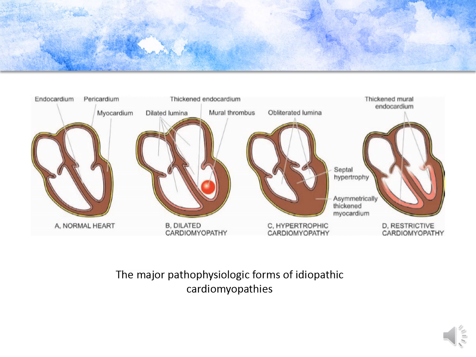In case of hypertrophic cardiomyopathy, look, you see septal hypertrophy, asymmetrical thickened myocardium, and in this case, the lumen is smaller than in normal heart, so we call it obliterated lumen. And in restrictive cardiomyopathy, we see a thickened mural endocardium and no real changes in the chambers of the heart.